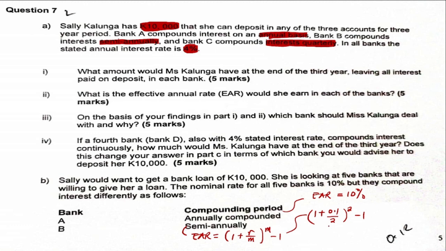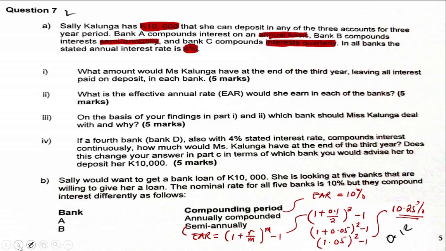If you divide there, it is 1.05 to the power 2, minus 1, and multiply by 100, you discover that we're going to have 10.25% as our effective annual rate for Bank B.